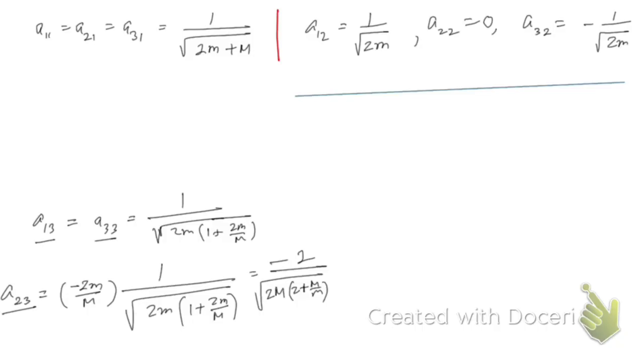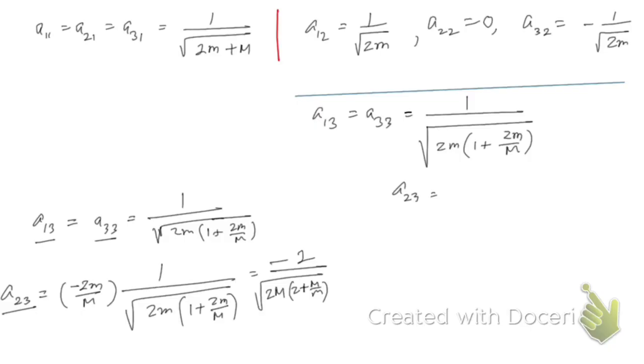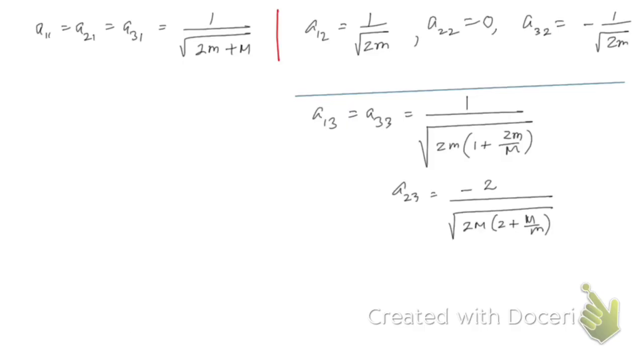Next, a13 and a33, these two we have got 1 by root over 2 small m into 1 plus 2 small m by capital M, right? And then we have a23, which is equal to minus 2 divided by root over 2 capital M into 2 plus capital M by small m. That's what we have got, right? Hope you have understood this. Okay, so let me write these values properly.